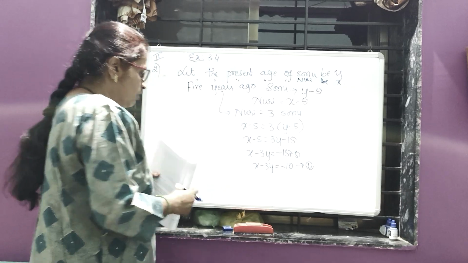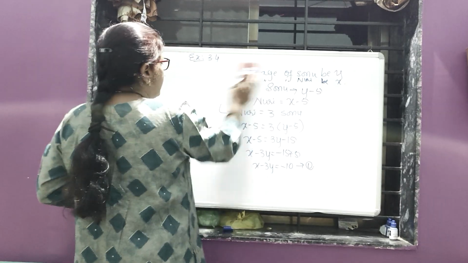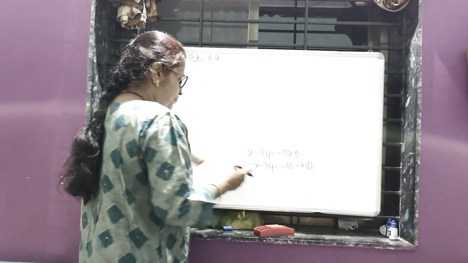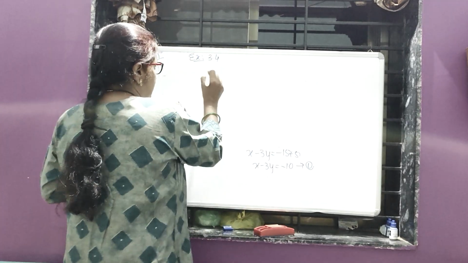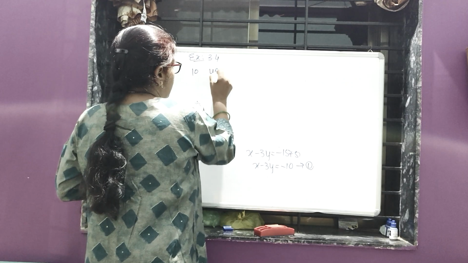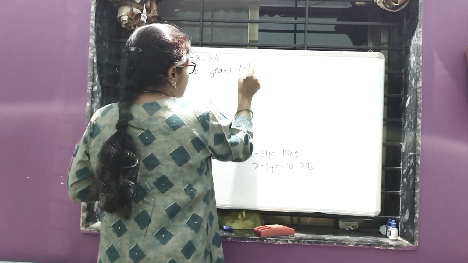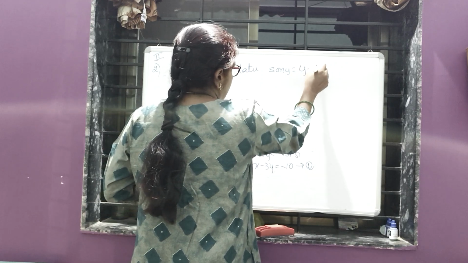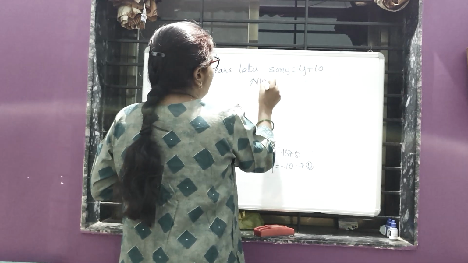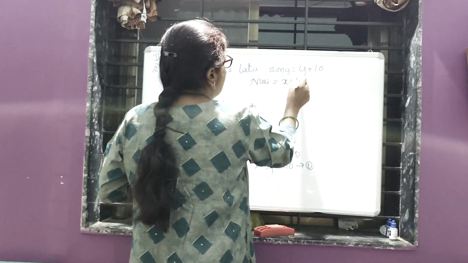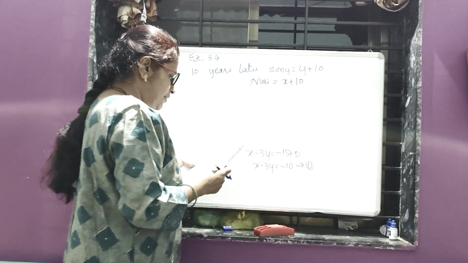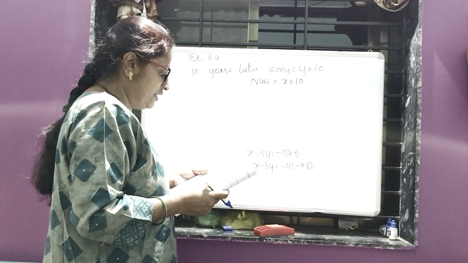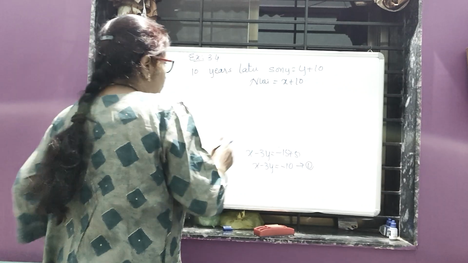Next we'll go for the second part, that is 10 years later, they have told. After 10 years, Sonu will be y plus 10 and Nuri will be x plus 10. Then the relationship will be, Nuri will be twice as old as Sonu.